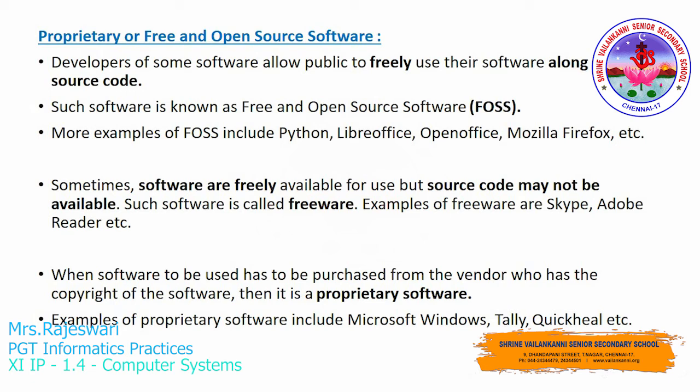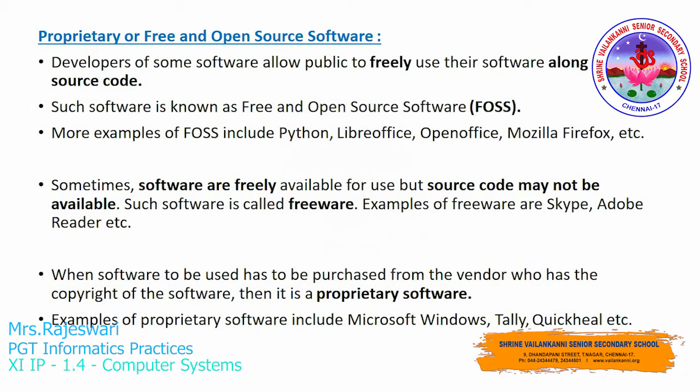The developers who allow the public to freely use their software along with the source code, that is called free and open source software. Clear? Other examples are LibreOffice, OpenOffice, and Mozilla Firefox. All these are examples of FOSS.